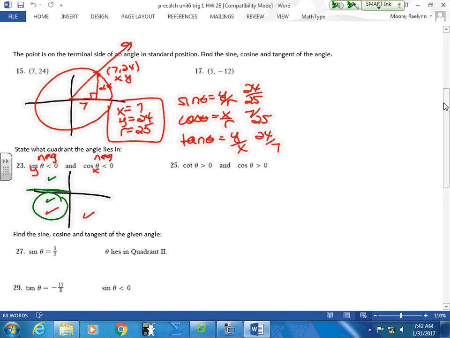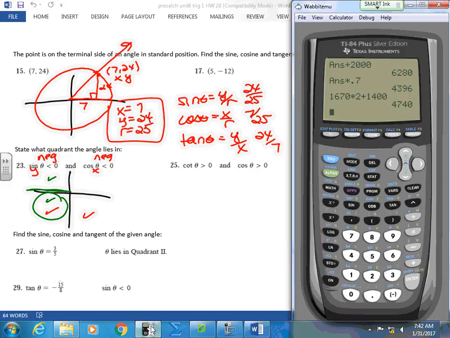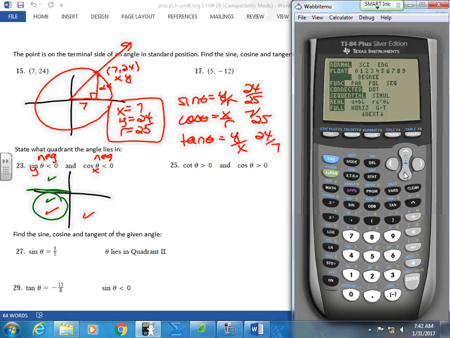So I'm really not sure if that's true. So give me an angle from quadrant 3. Give me any angle. 200. Okay, this has to be past 180 before 270. So I'm going to say, give me the sine of 200.